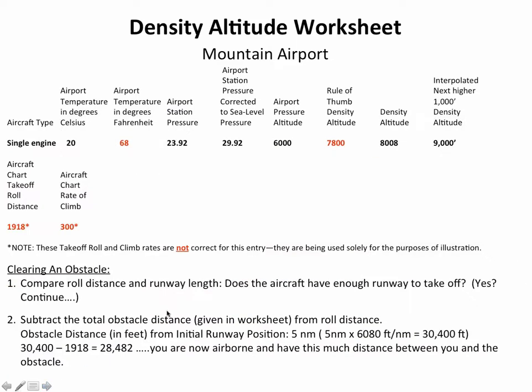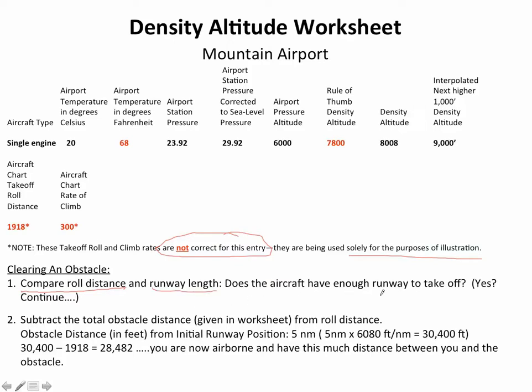Now we have to look at, can we clear an obstacle? Now, the key here is that these are not correct entries, so don't go putting these in your spreadsheet because they're not correct. They're only for the purpose of illustration. So the first thing we're going to do is compare the roll distance to the runway length.